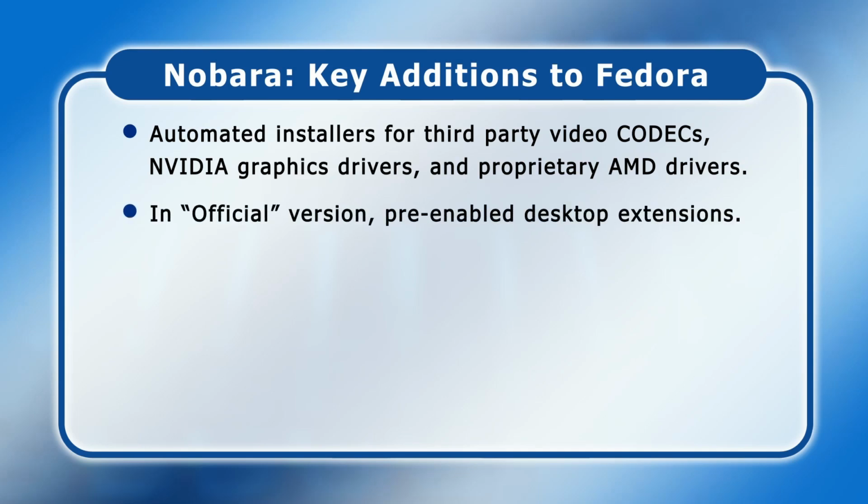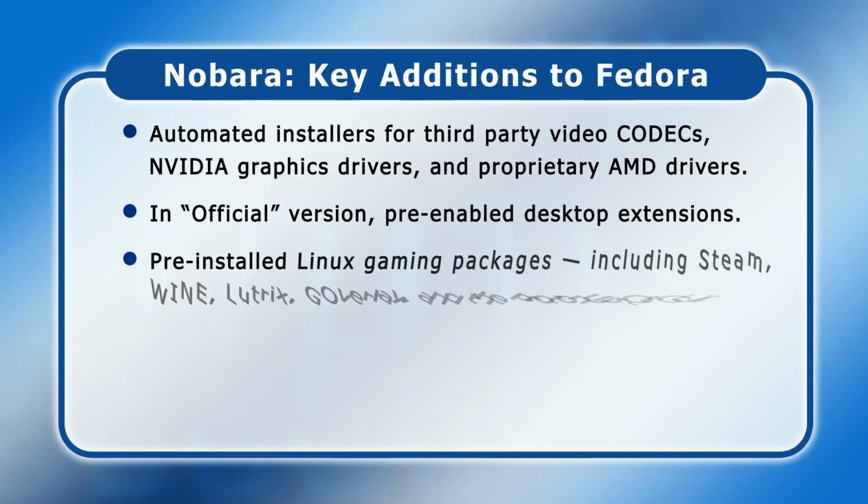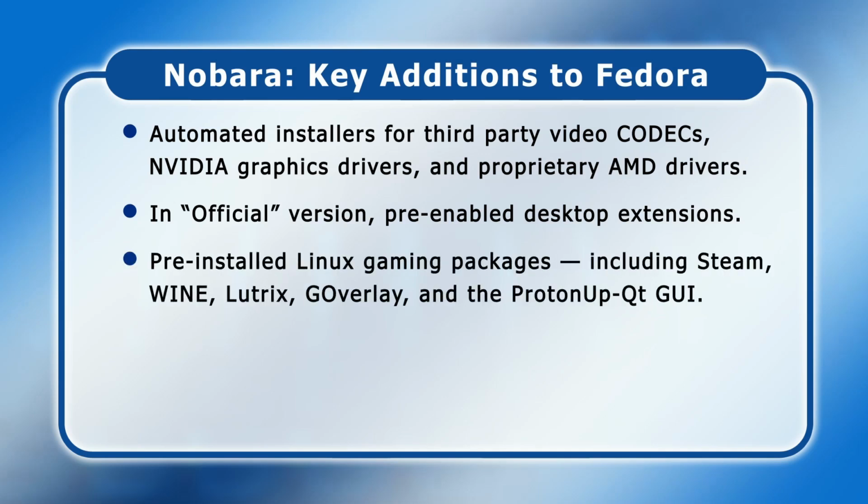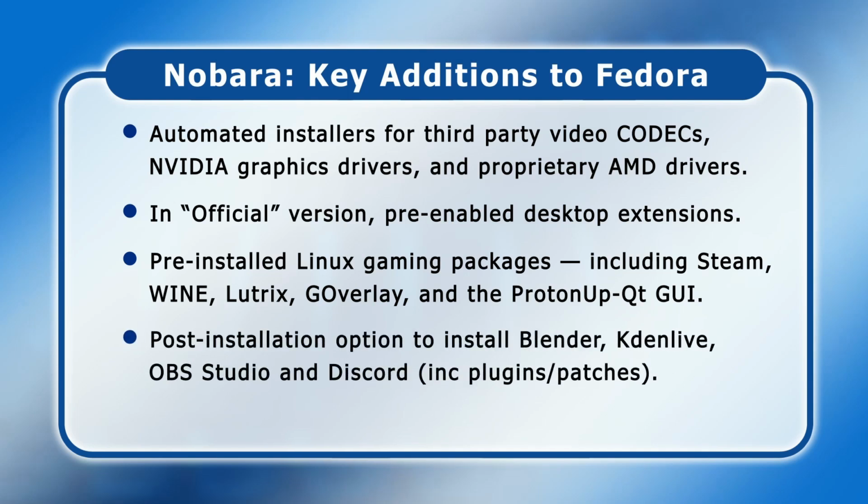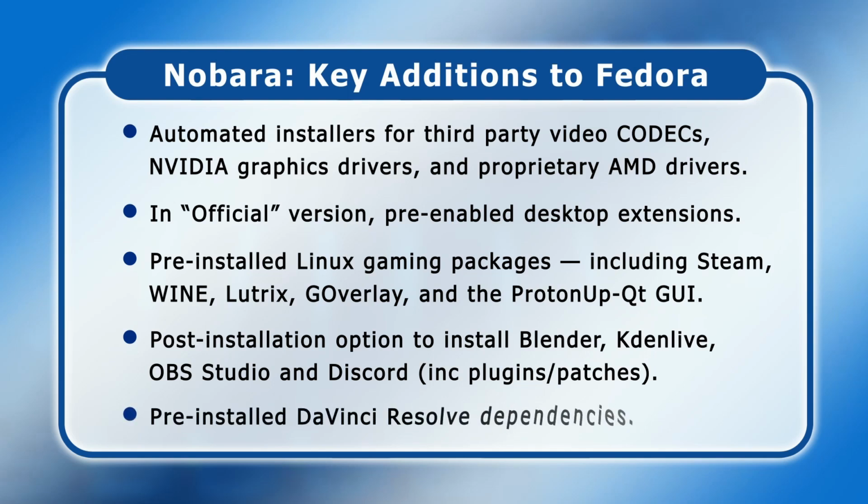In the official version, a number of pre-enabled desktop extensions, pre-installed Linux gaming packages including Steam, Wine, Lutris, GOverlay and the ProtonUp-Qt GUI, a post-installation option to install Blender, Kdenlive, OBS Studio and Discord along with various plugins and patches, and finally pre-installed DaVinci Resolve dependencies allowing the easy installation of the DaVinci Resolve video editor.